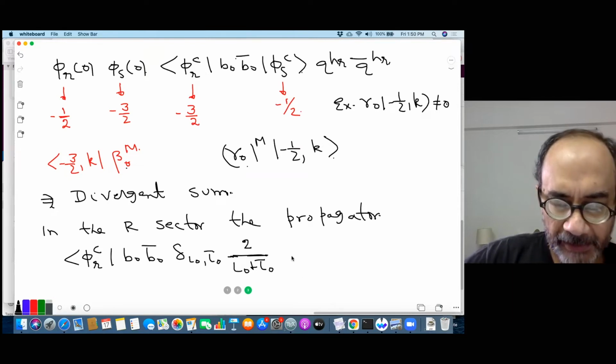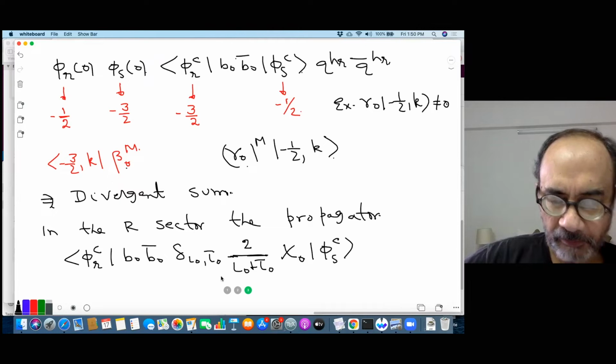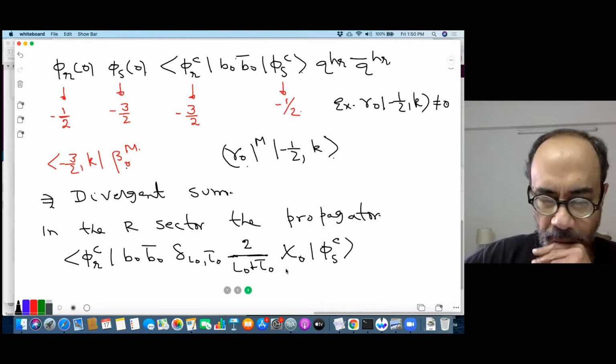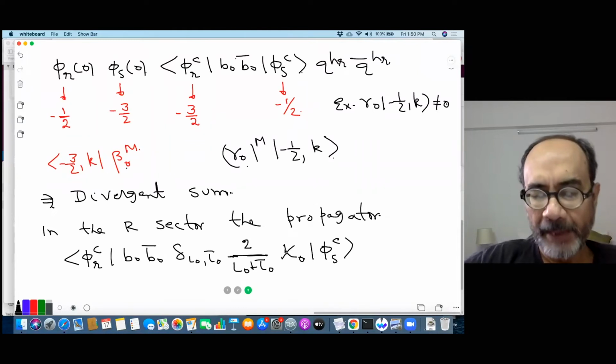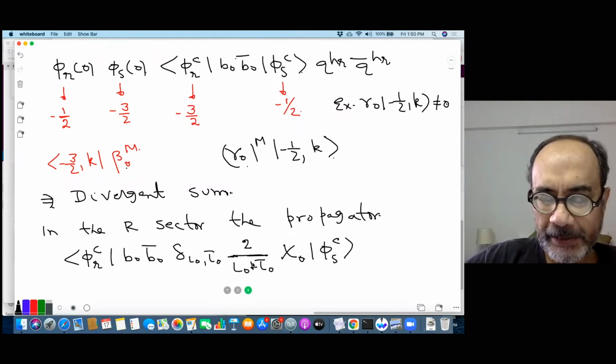But now what we have is an extra insertion of chi 0. And this is perhaps not so surprising because you are probably familiar with the fact that the Dirac propagator is not 1 over p square, but it's p slash minus m over p square plus m square.